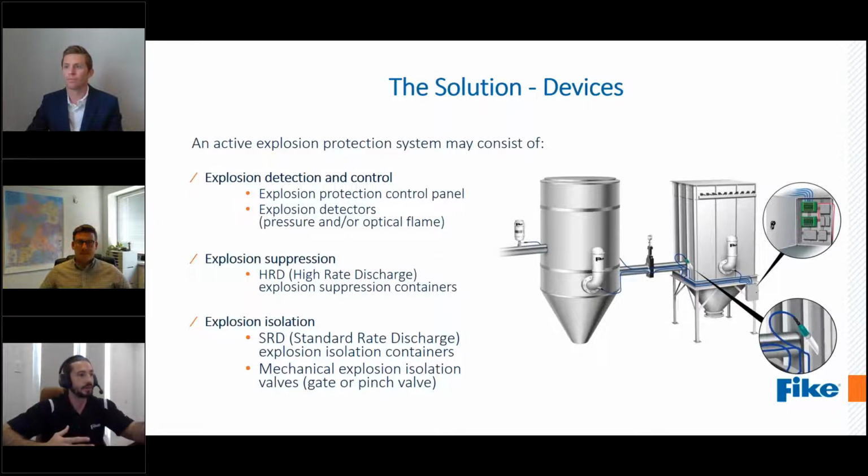That's shown here on both the silo primary volume and on that dust collector primary volume. And then for explosion isolation, we can do a few different approaches here. We have standard rate discharge containers, which is a chemical solution to isolation. We also have mechanical solutions to isolation, whether that be a gate valve or a pinch valve.